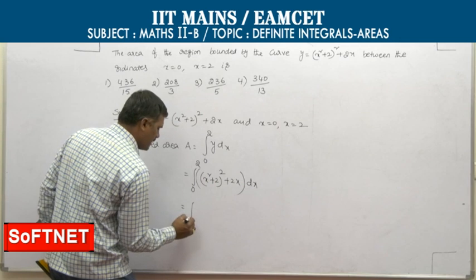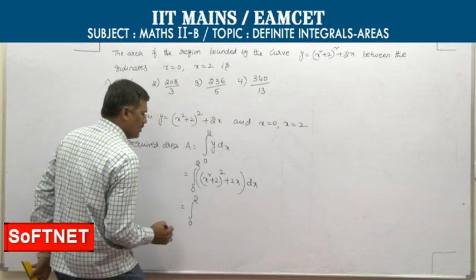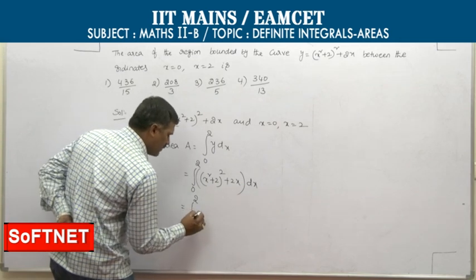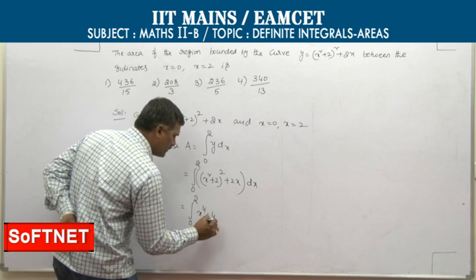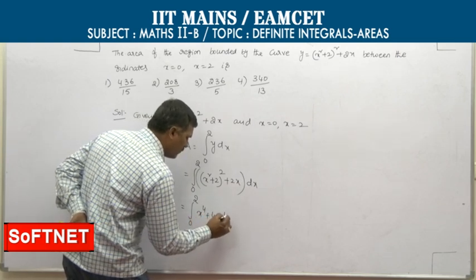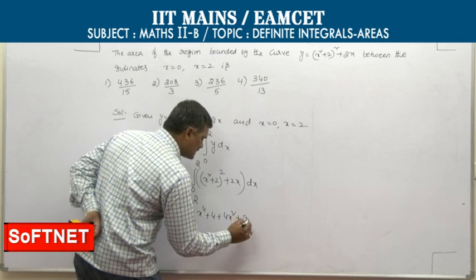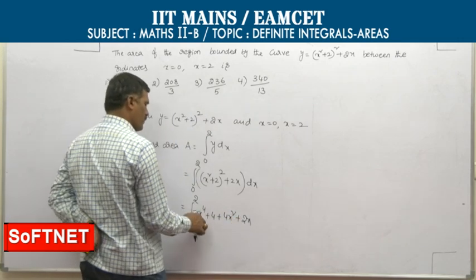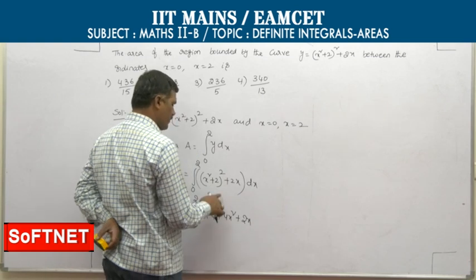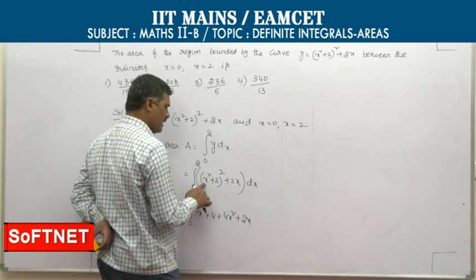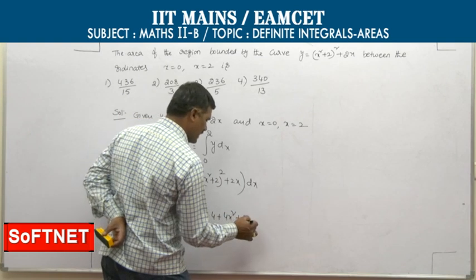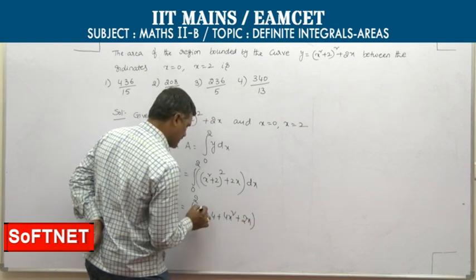That is equal to integral of 0 to 2, expanding (a plus b) whole square: a square is x power 4, plus b square is 2 square 4, plus 2ab is 2 into x square into 2, 4x square, plus 2x dx.